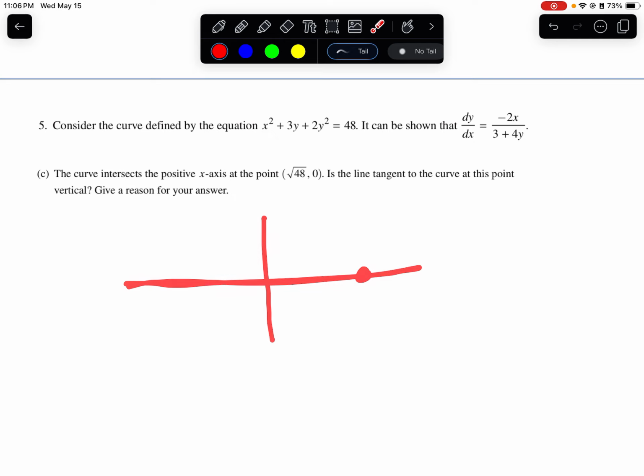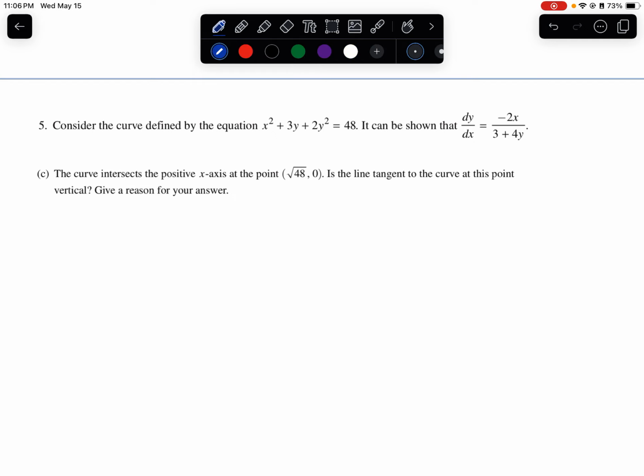So it's very similar to part B, right? Only in this case, vertical tangents occur when dy dx is undefined.